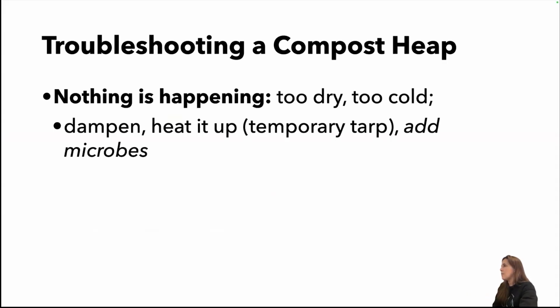During the early spring, that could be something as easy as putting a big black tarp over top of it to try and get the heap heated up. And then another thing is to add microbes. There's nothing wrong with adding some microbes to it instead of relying on just the ones that are naturally present.